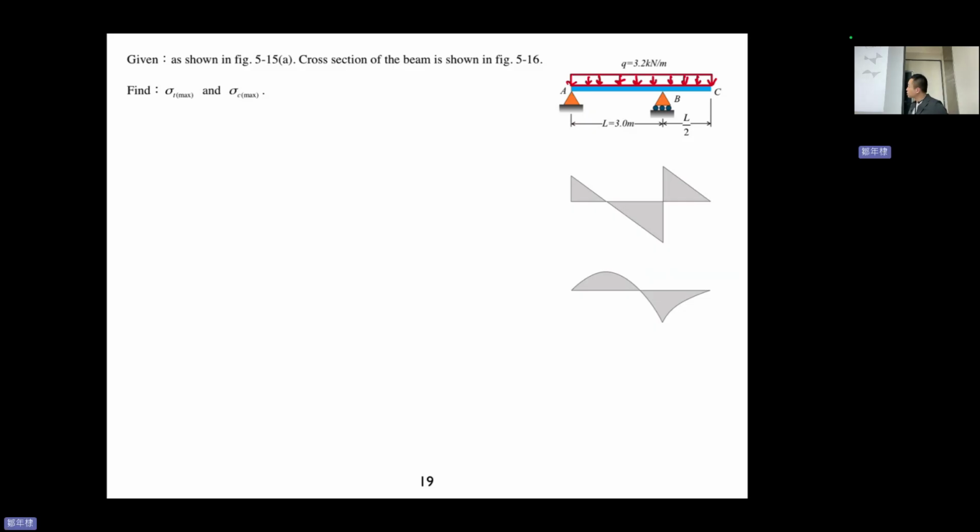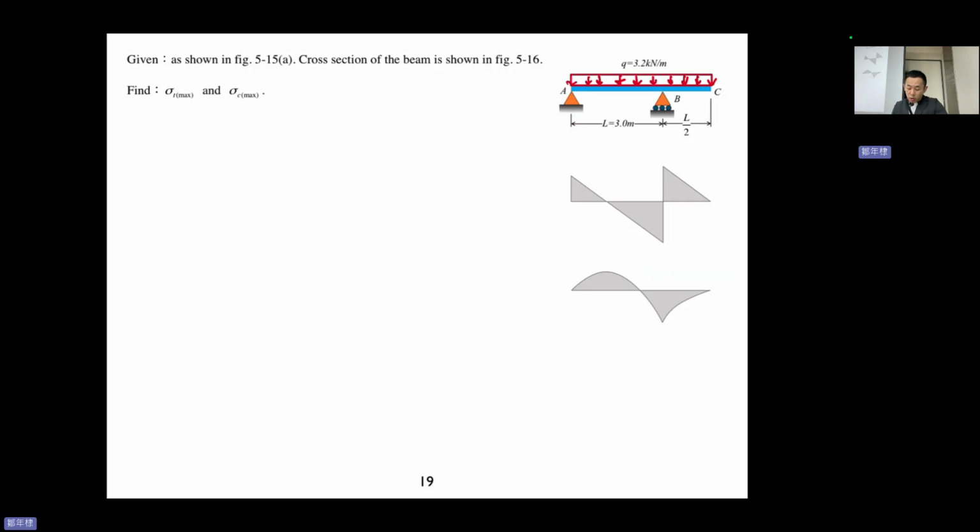This is a distributed load, and this is A and B and C. We need to determine sigma T max and sigma C max, which means the maximum tensile stress and the maximum compressive stress.